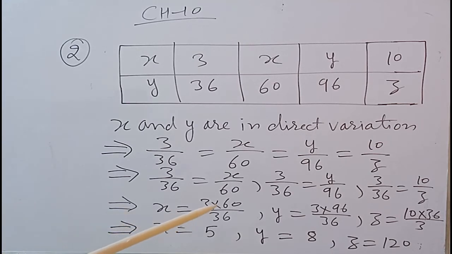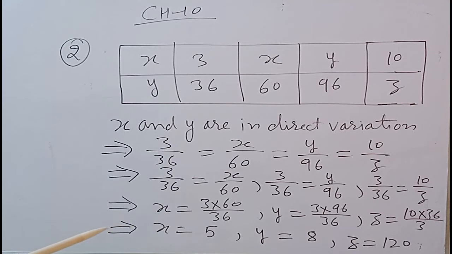Same here, y equals 3 into 96, 96 multiplied by 3, the numerator of the left hand side, and divided by 36. For z, the z goes to the numerator of the left hand side and 36 multiplies the numerator of the right hand side. So z equals 10 into 36 upon 3.